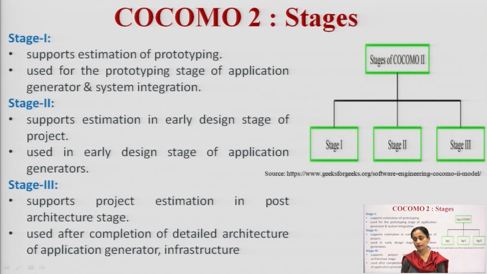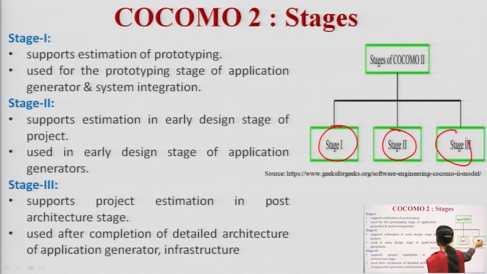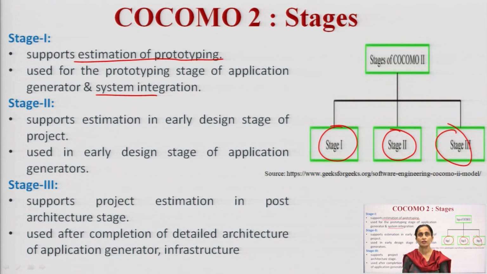There are various stages of COCOMO 2: stage 1, stage 2 and stage 3. Stage 1 supports the estimation of prototyping. This stage is used for the prototyping stage of the application generator and for doing the system integration. Then comes stage 2.